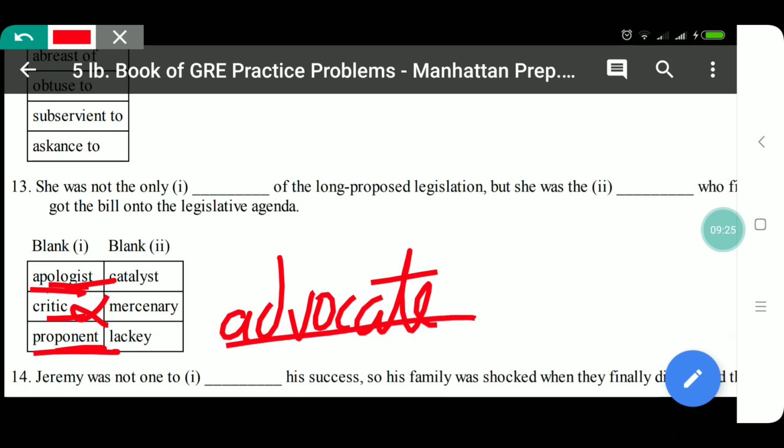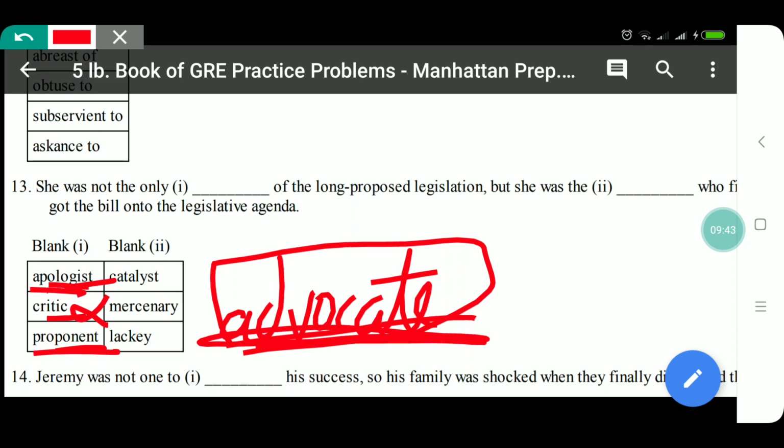So supporter is okay, but proponent is slightly higher in degree of support. A proponent not only supports but also publicly takes the favor of that particular proposal and talks in favor of it. So proponent is slightly higher in that degree, right?